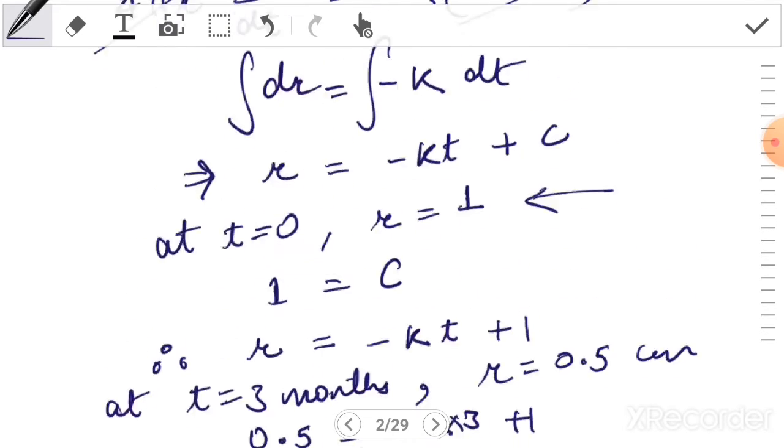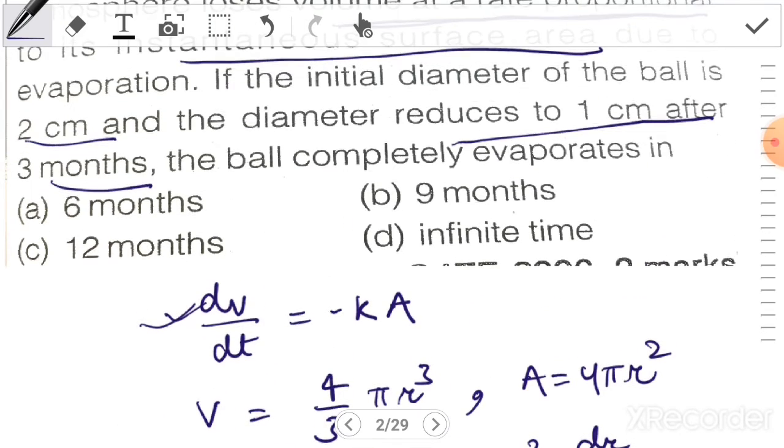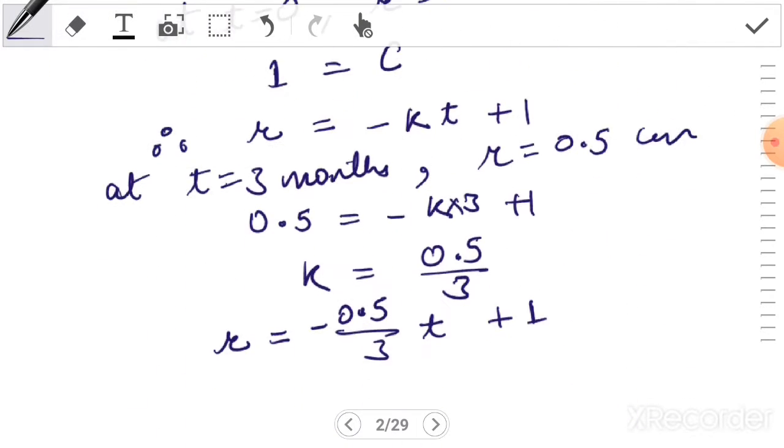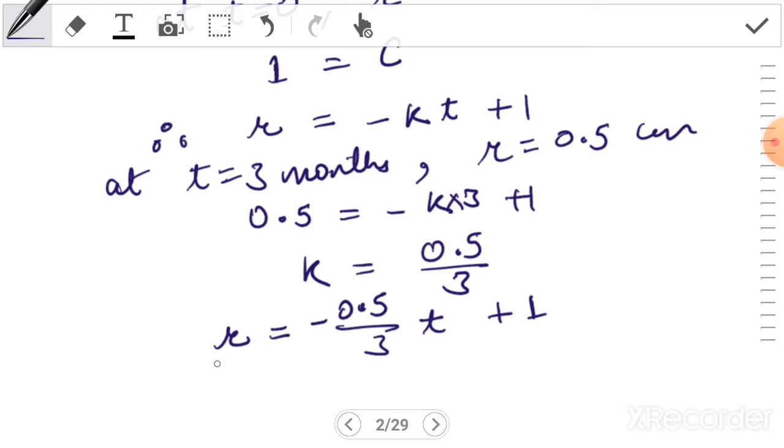Now the ball has to evaporate completely. So the ball will completely evaporate when r is equal to 0. Okay, because when radius reduces to 0, that means the ball completely evaporates.